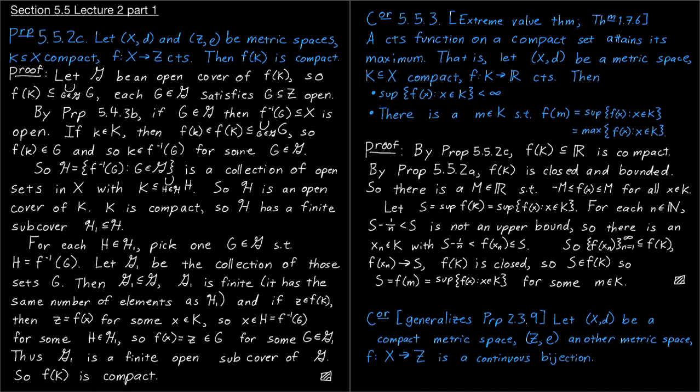You should have seen in Transitions to Advanced Mathematics that every bijection has an inverse. And the content of this corollary is that f inverse going from Z back to X is also continuous.